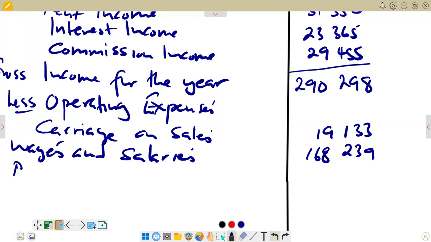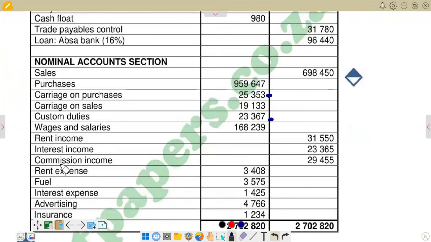Let's try to see the expenses that we are having there. We picked carriage on sales as 19,133.